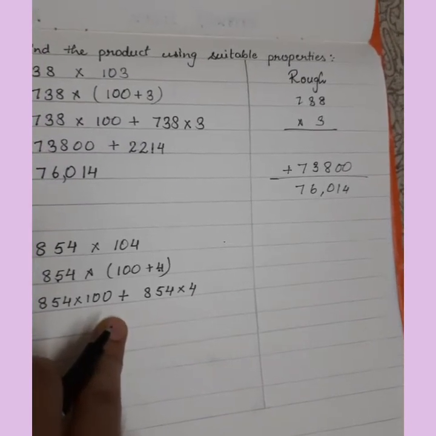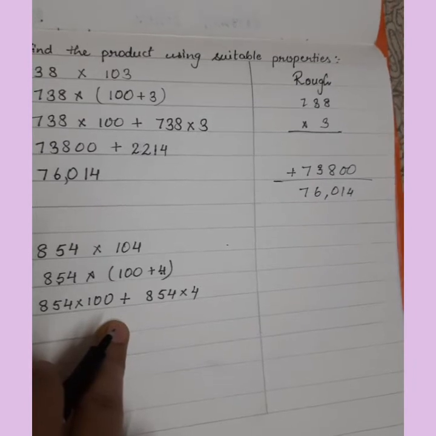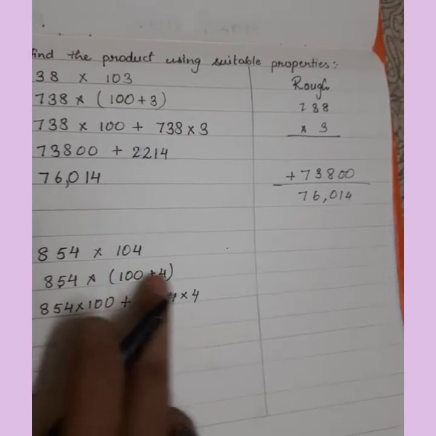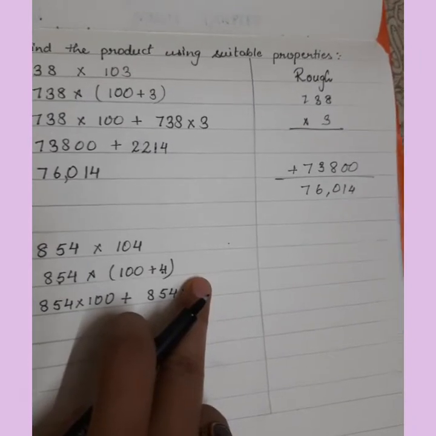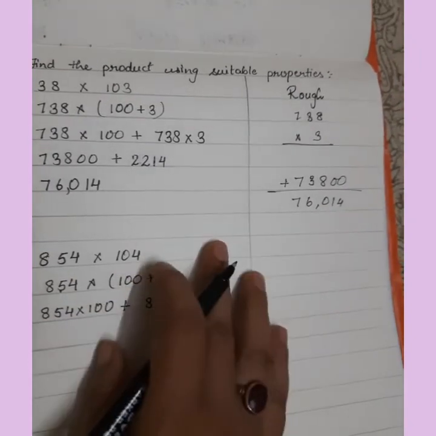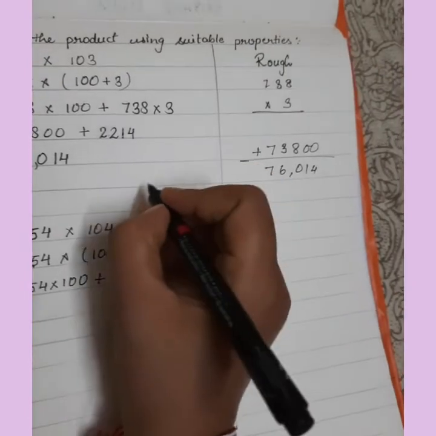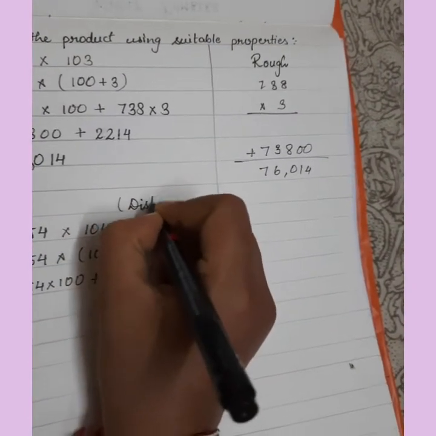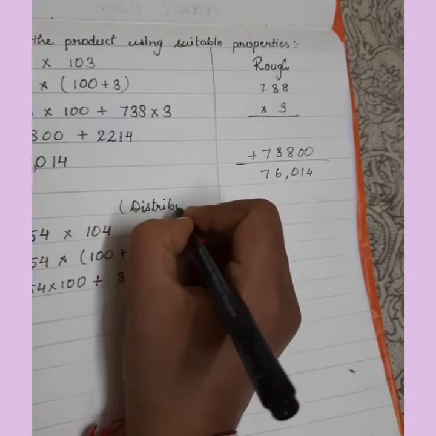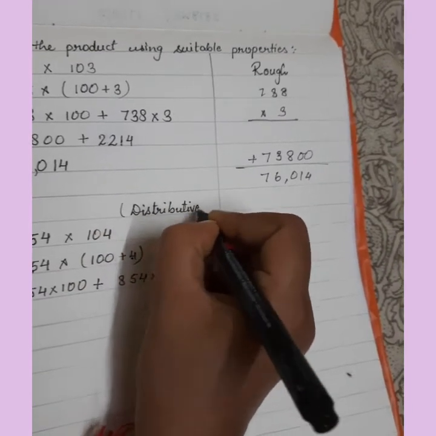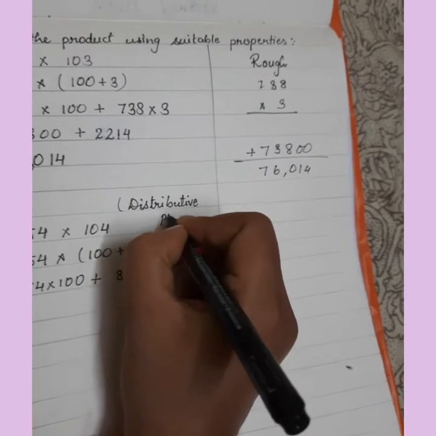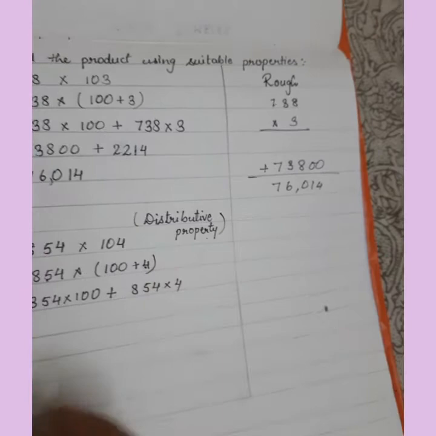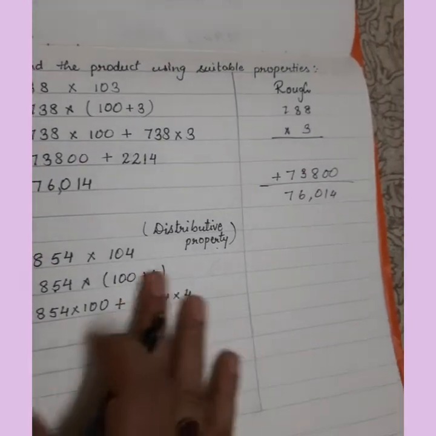This is known as the distributive property. This number is distributed among these two numbers separately. You can mention distributive property here. That means distribute among all the numbers. So on doing this, the calculation will be much easier.